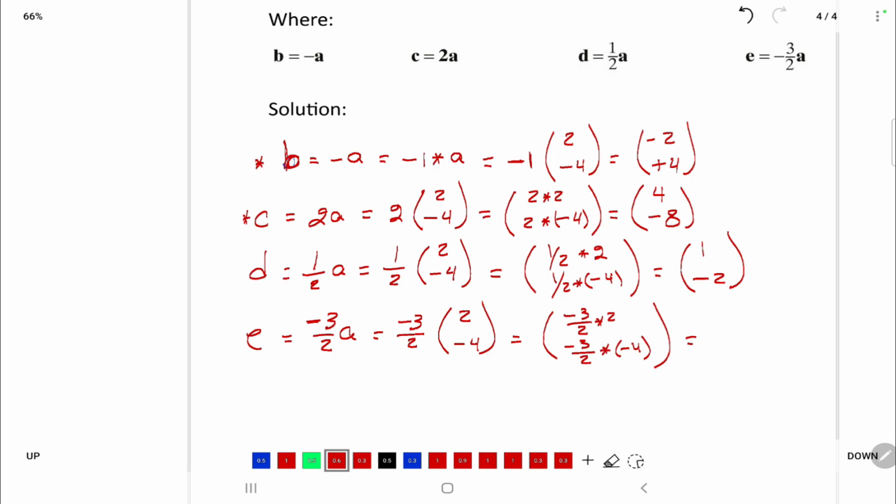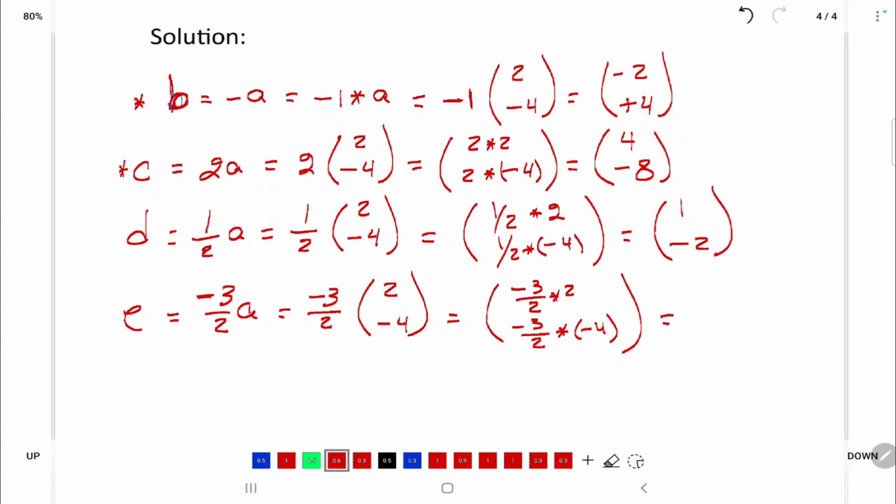Okay, now minus 3 over 2 times 2, you see, the 2s will cancel out, and it will leave only minus 3.